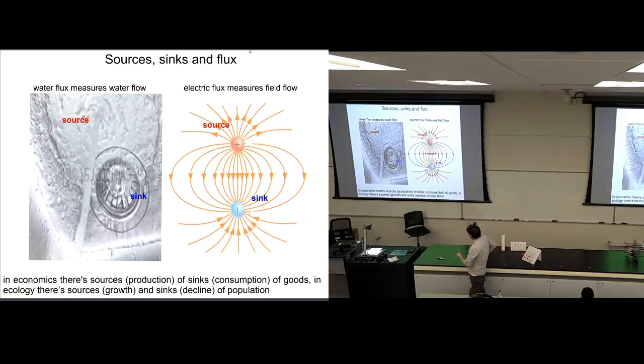As an analogy, think about this picture over here. This is my kitchen at home. I took a photo of the sink. In this picture, we can see analogies to electrical flux, electrical sources of flux, and sinks of flux, through sources of water and sinks of water and the flux of water.